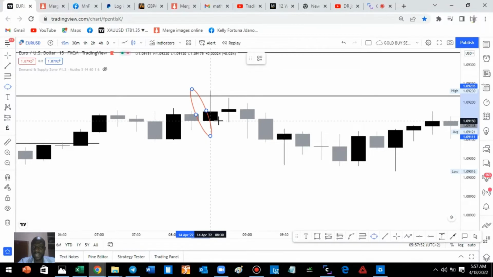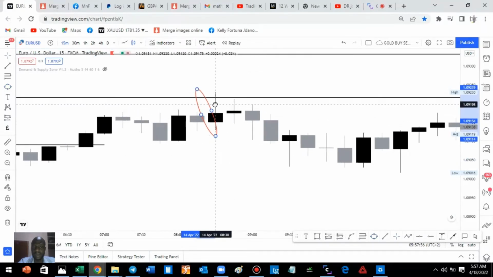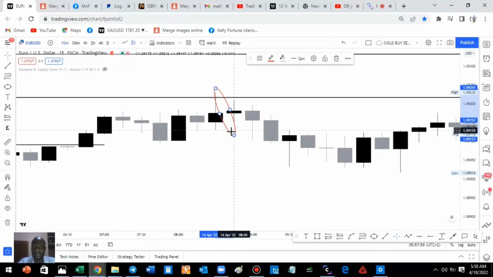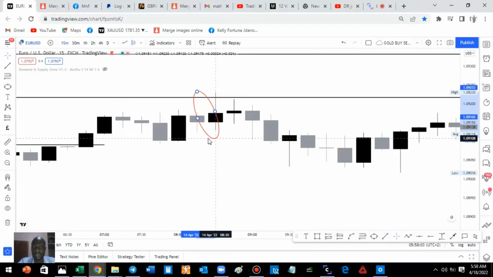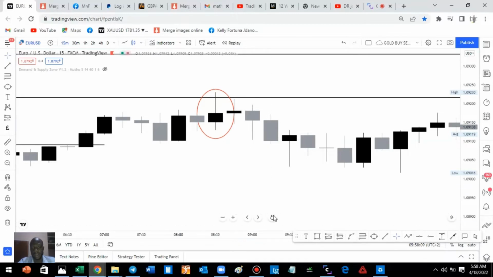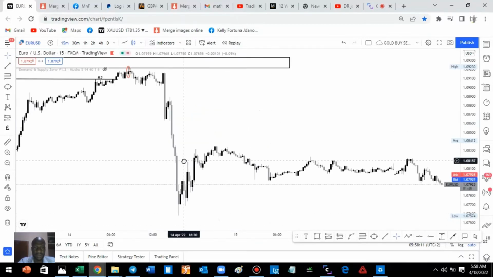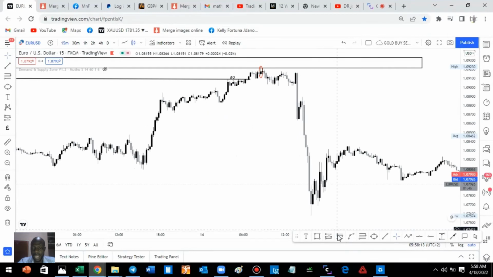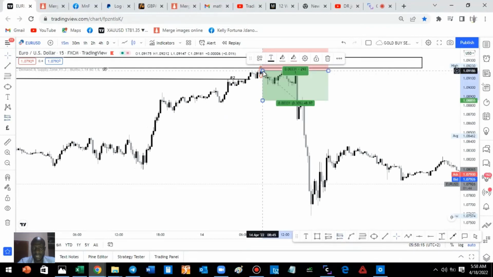This is a nice pin bar. This right here was a nice entry. That's our confirmation for entry, and then you just enter right there.